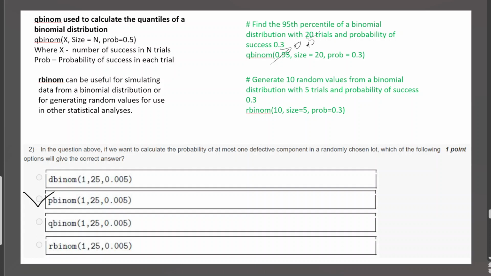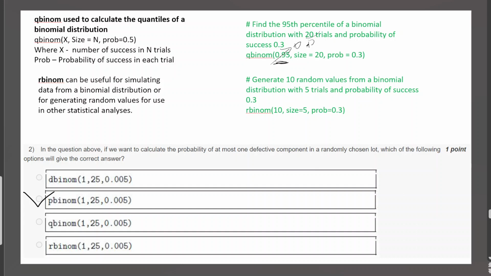If I put 0.95, it means 95 percent of the data will fall under that. 0.25 means first quartile, 0.5 means median, 0.75 means third quartile. And rbinom, as we know, is used to generate random values. The rest of the things I've discussed.